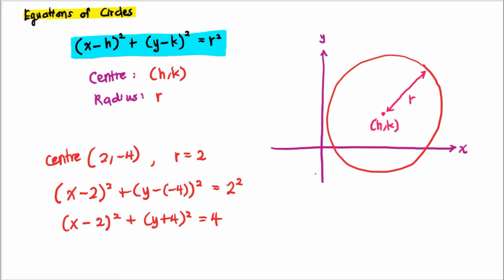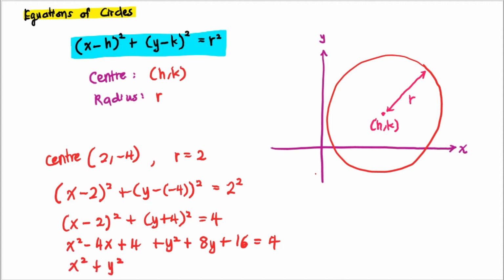If we are asked to write the general form of the equation for the circle, then we have to expand this to be x squared minus 4x plus 4 plus y squared plus 8y plus 16, which is equal to 4. We have to make the right side of the equation equal to 0, so we collect all those terms on the left side.